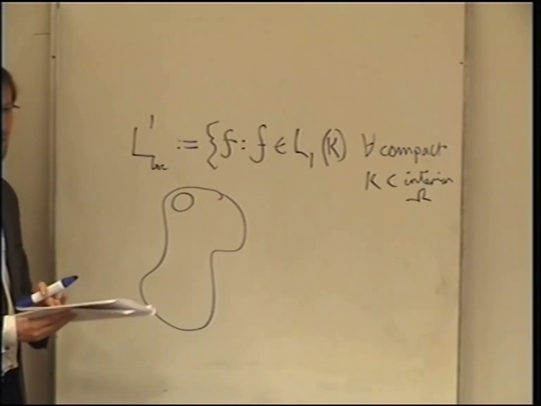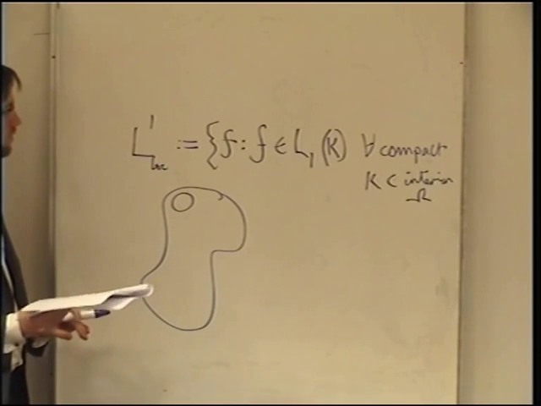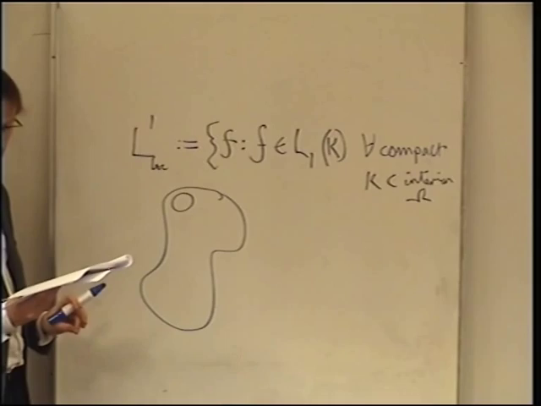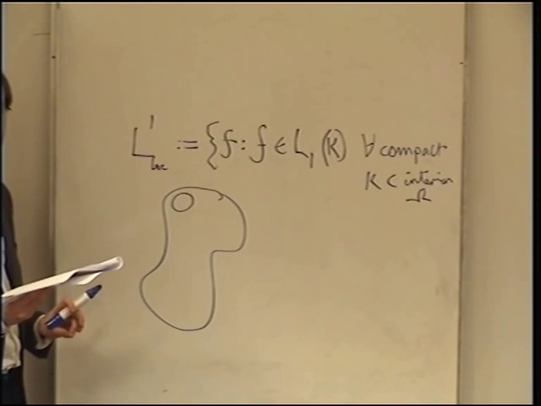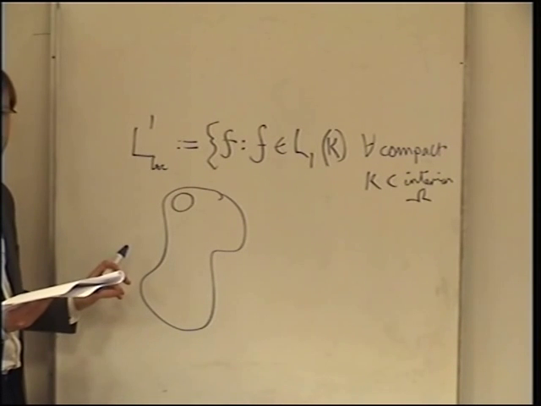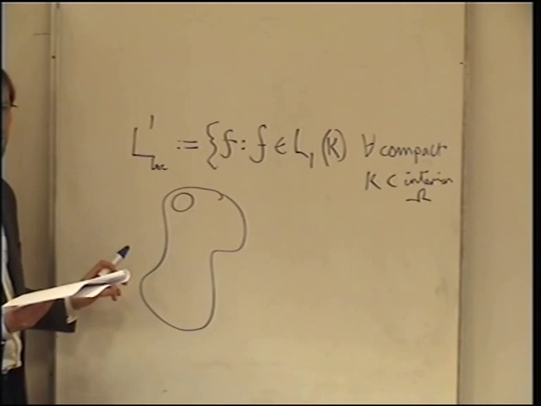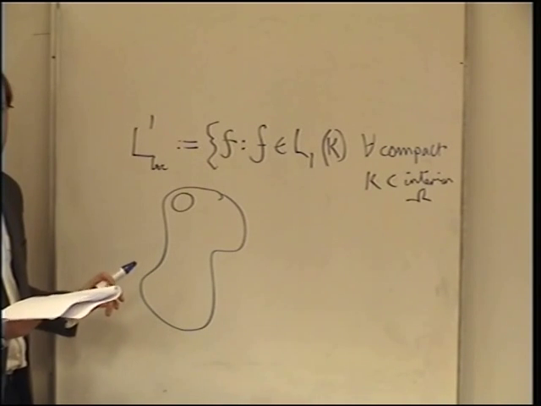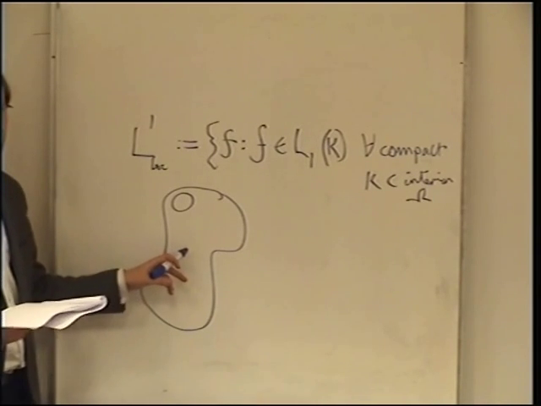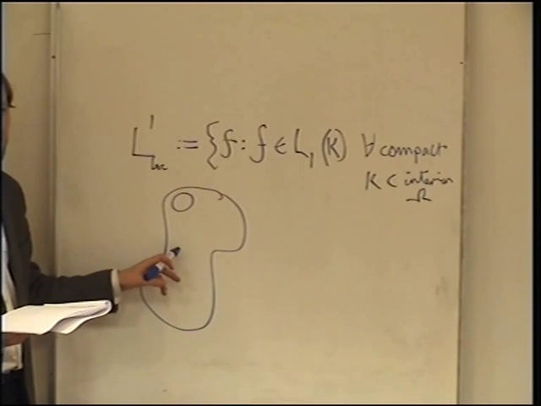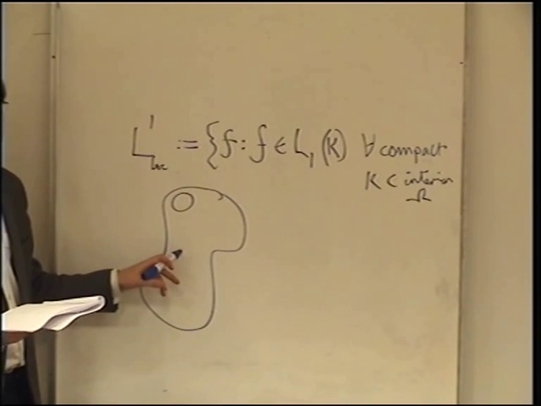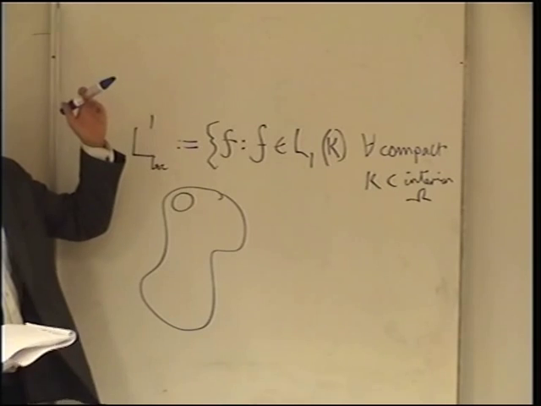It's interestingly notable that all of the continuous functions are in this space. So your continuous functions have to be finite everywhere inside the domain, right? There's no way to go infinite and be continuous, except that you might go infinite when you hit the boundary.